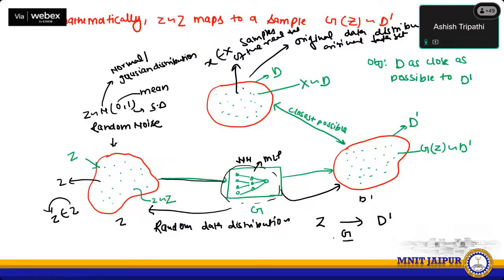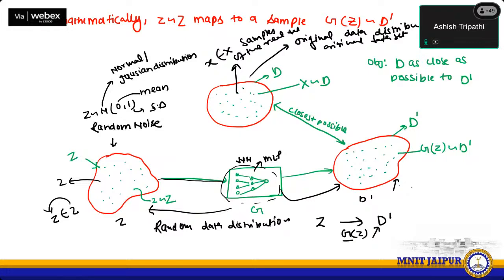So this G network basically takes noise as input and develops some probability distribution model. Can anyone tell me what is the objective of this probability distribution model?